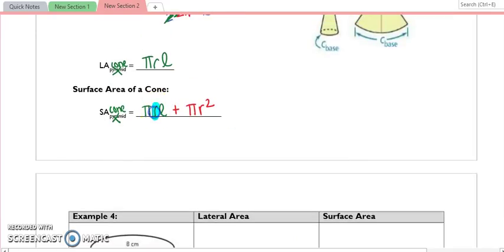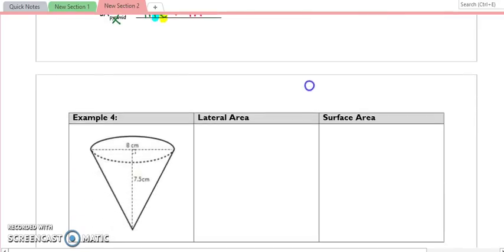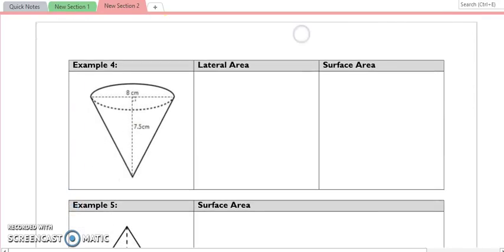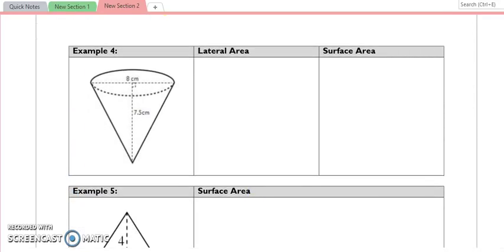You need to know your radius, which I think we'll be okay with in problem number 4, but you also need to make sure you know that slant height. We're not using a capital H, we're using that lowercase cursive l. So as I said, I think we'll be okay with the radius because if the whole diameter is 8, my radius will be half of that. But the hiccup that I'm having is I really do need to know that yellow line there, that's slant height.